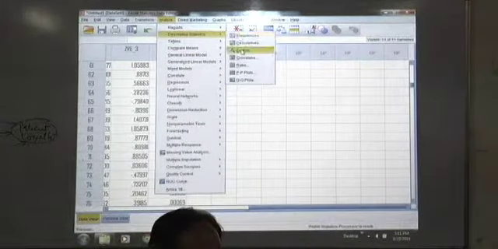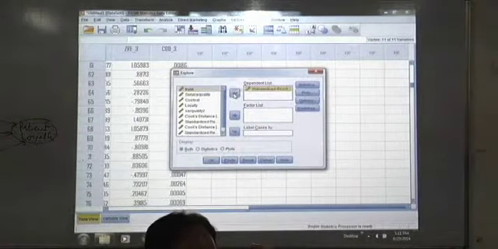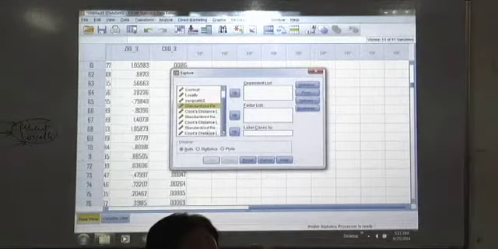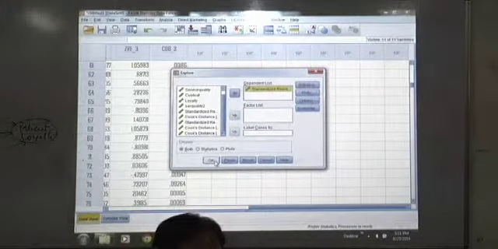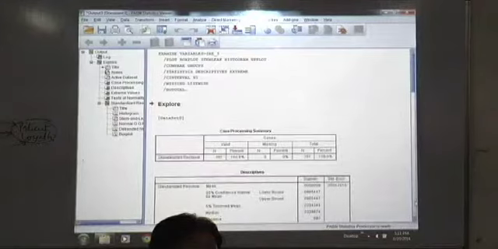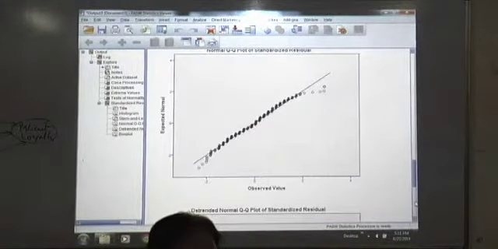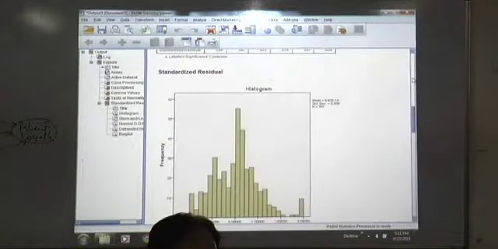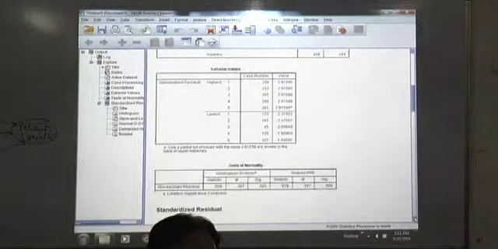Analyze, descriptive statistics, explore. Now standardized residuals have to be moved back, and ZR3 has to be used. 0.003 is still not normal.